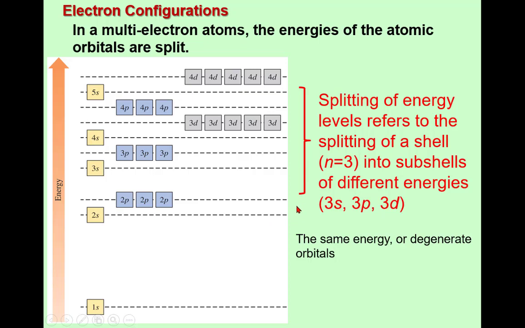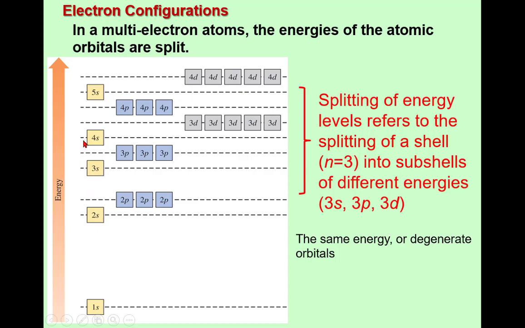Similarly, the 2p orbital of the second shell is a little bit higher in energy than its neighbor, the 2s orbital. These orbitals are placed in the same shell, but there is an energy gap between them. They have the same principal quantum number. The 2p orbitals are degenerate with each other, for example 2px, 2py, 2pz, but not equal in energy to the 2s orbital.